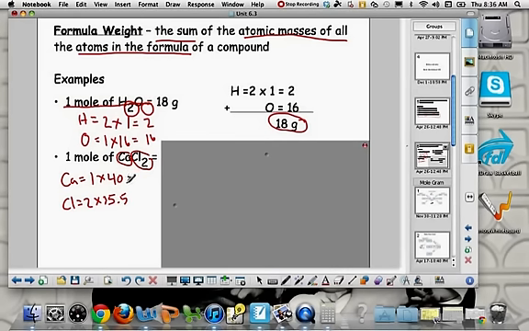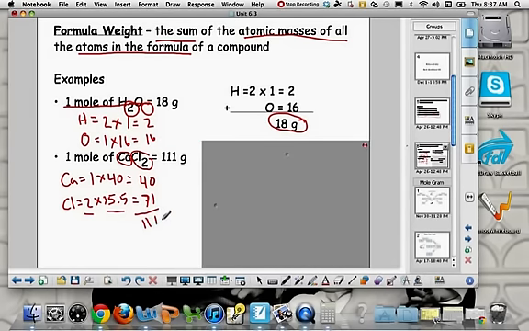Now, I've got 1 calcium with a mass of 40, multiply those together, that gives me 40 for my calcium. Calcium contributing 40. When I do my chlorines, I've got 2 chlorine atoms here in my formula, each with a mass of 35.5. You multiply those two together, and you're going to have 71. So 40 plus 71, 0 plus 1, 4 plus 7, that's 111.